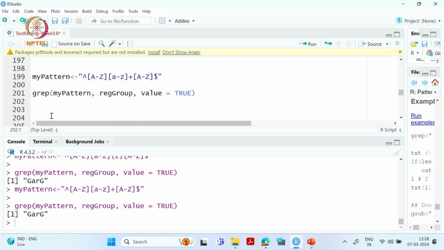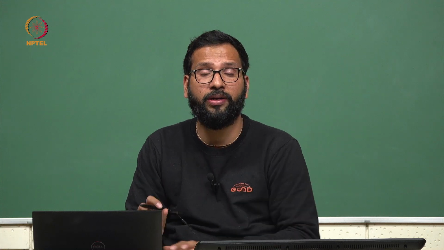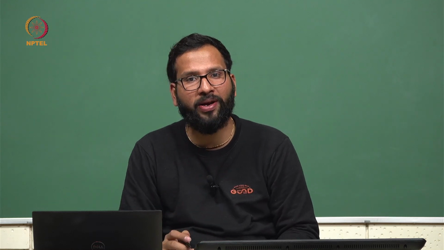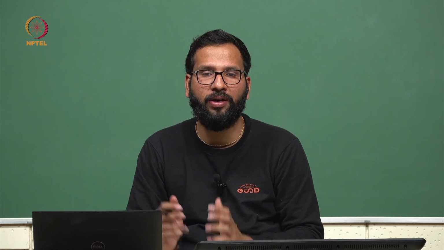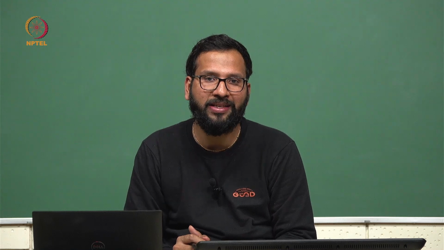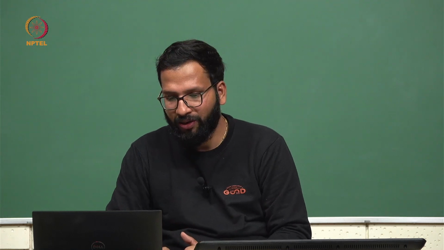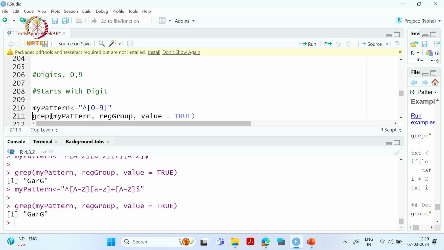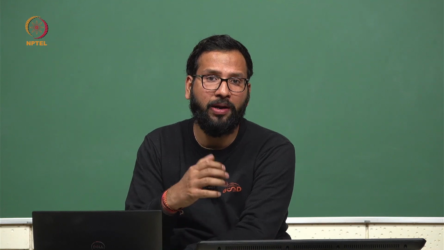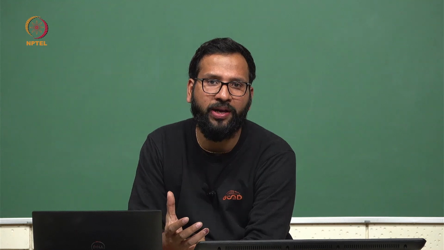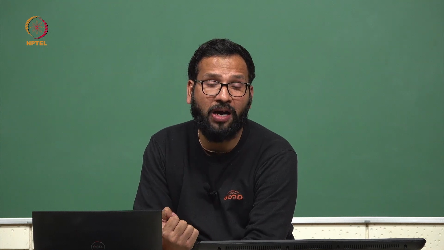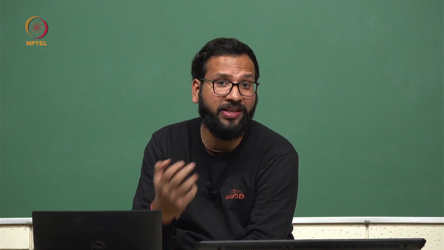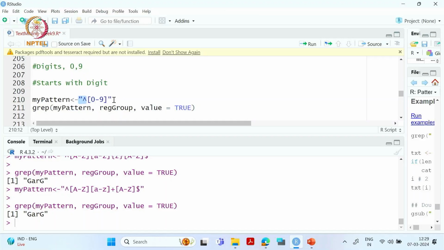Now, like we have for alphabets, uppercase or lowercase, in a similar way we have regex for digits, from 0 to 9. Let's quickly see those examples also. Say our focus is only extracting the words which start with digits. So we use this caret symbol, and then 0 to 9.